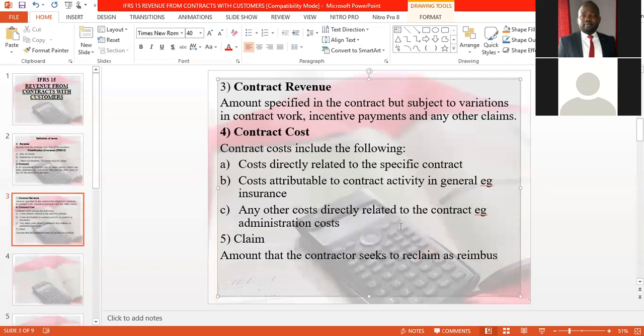Reimbursement for costs not included in the contract, for costs that were not initially included in the contract. So I think I've explained most of the terms here.